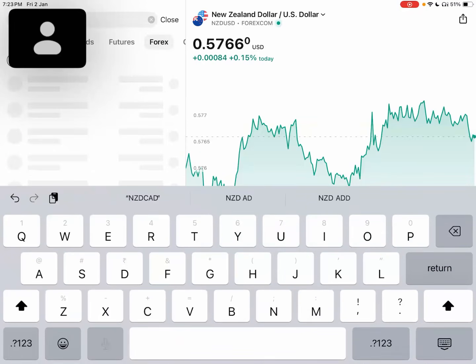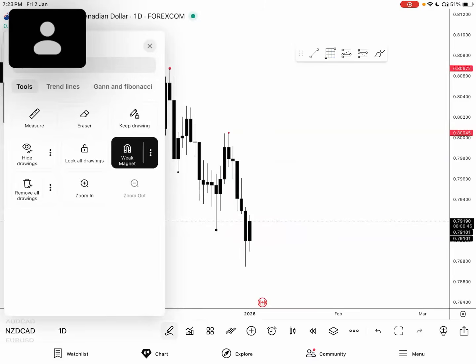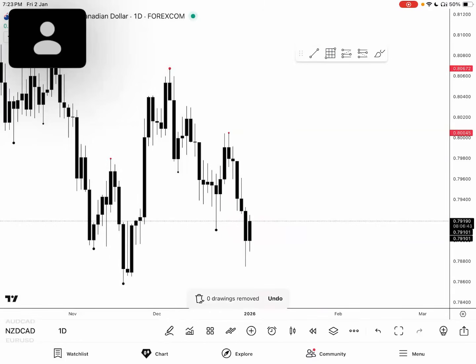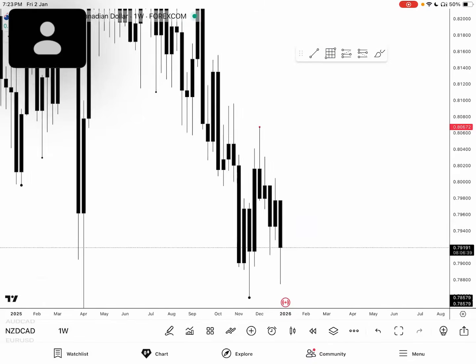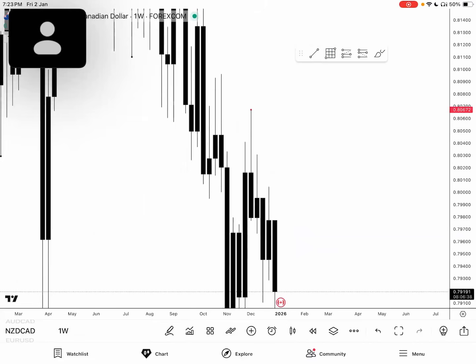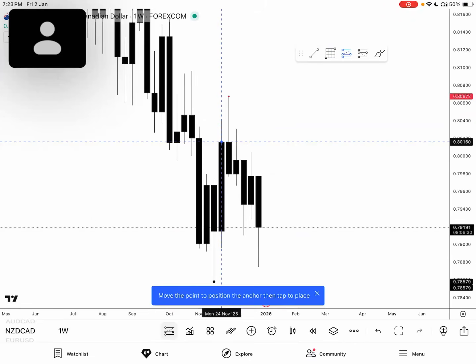Let me go for any other examples, maybe NST cap. This also we have shared on our public channel here. So let me go to the weekly time frame. How did I take this trade? On the weekly time frame, same thing. What we have seen here, the weekly has taken a sweep, and it reacted from a weekly key level.